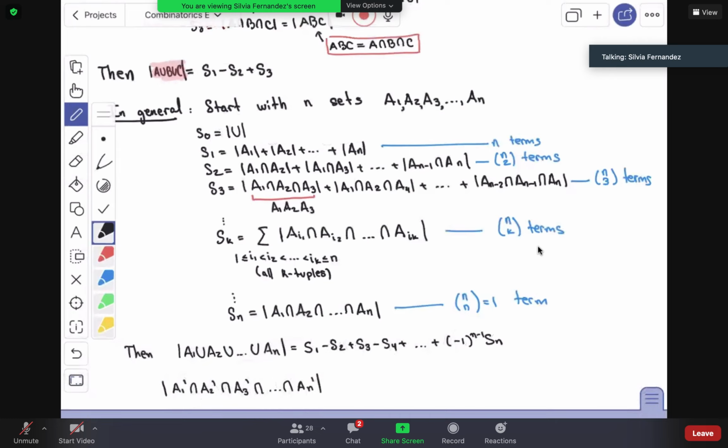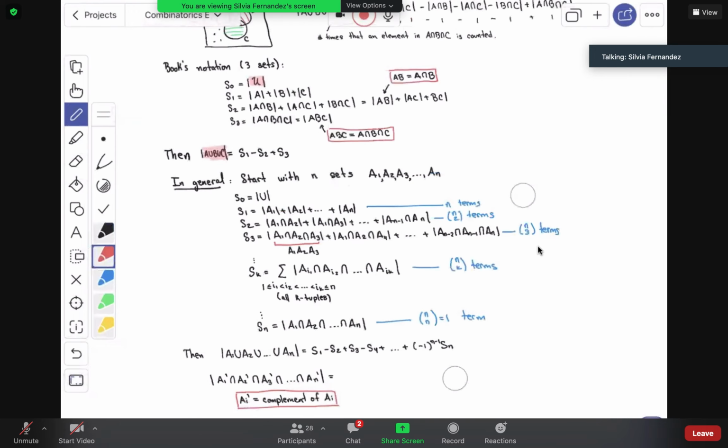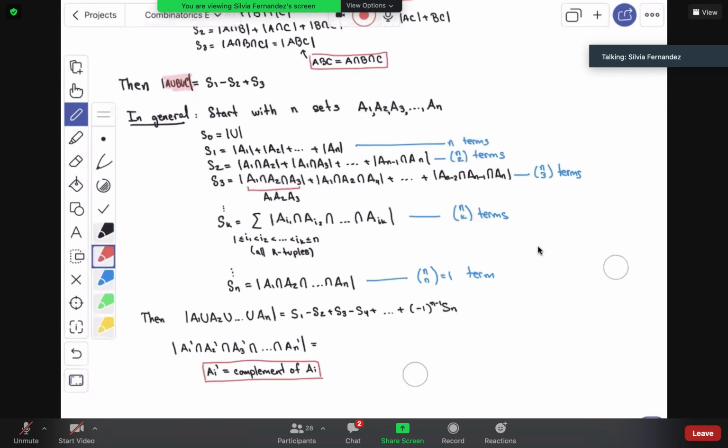So here, A1 complement, AI complement is equal to, so this is the complement of AI. That's what this means. So if you want to know what's the intersection of the complements, so that would be like, so this one is U minus the union.